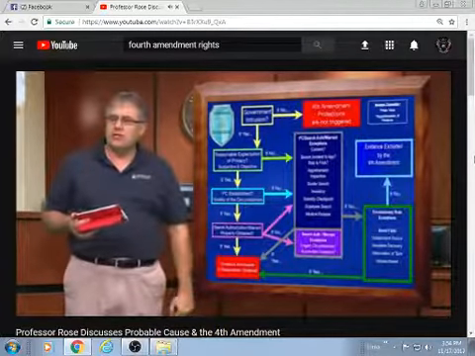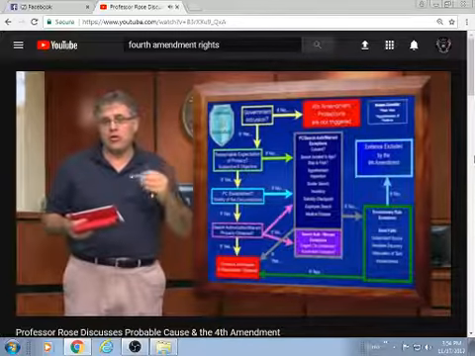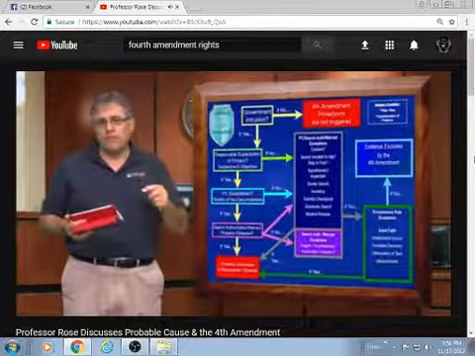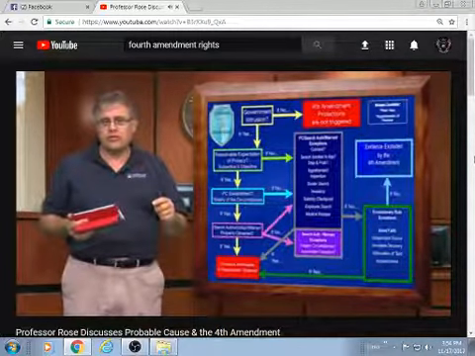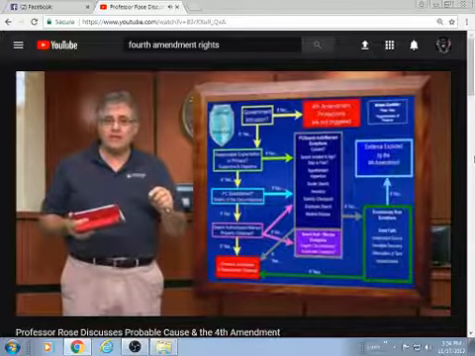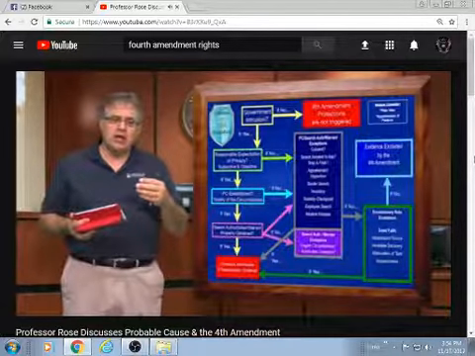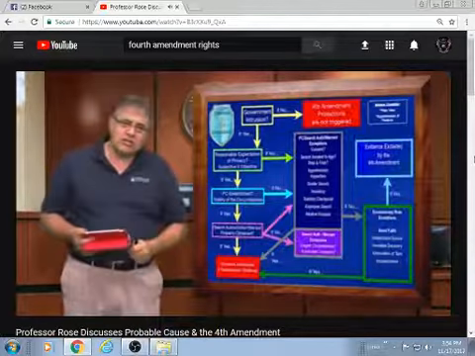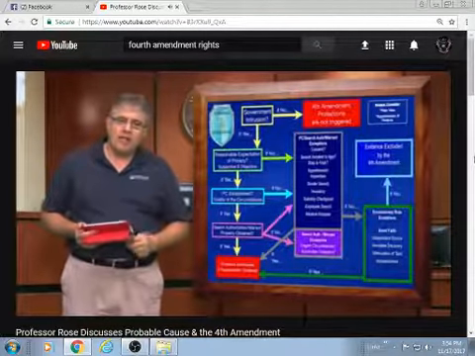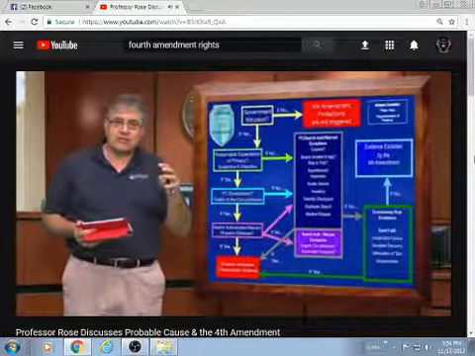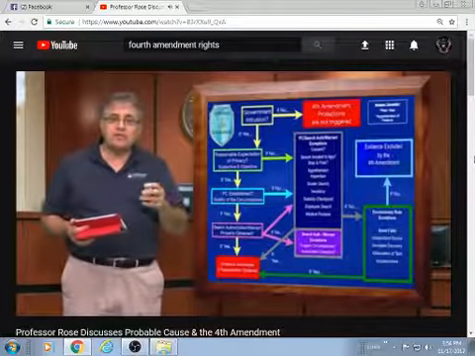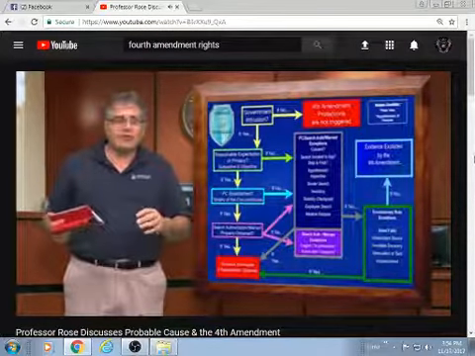What does this tell you in a nutshell? It tells you that there are multiple opportunities for the prosecution to admit evidence that was initially obtained in violation of someone's Fourth Amendment right. And that it is a dance, a sequence of steps, if you will, a waltz, a foxtrot, a quick step.